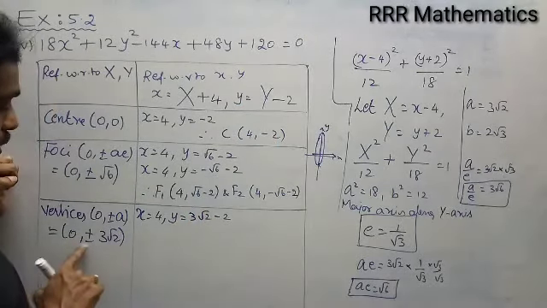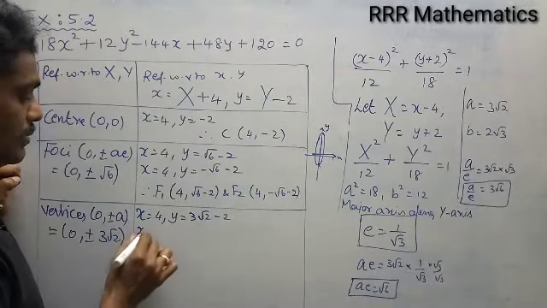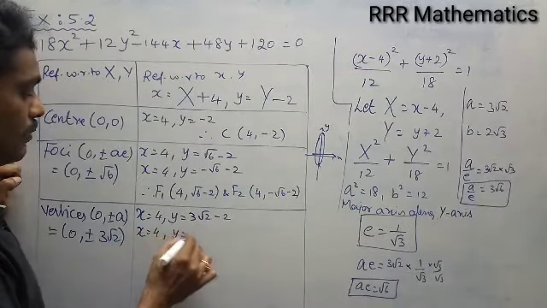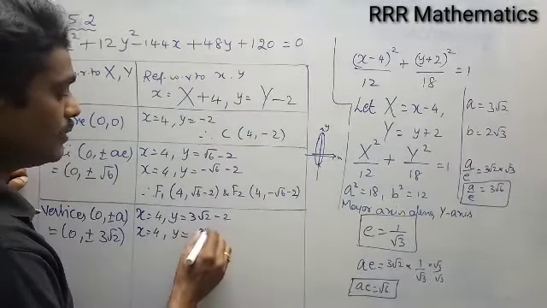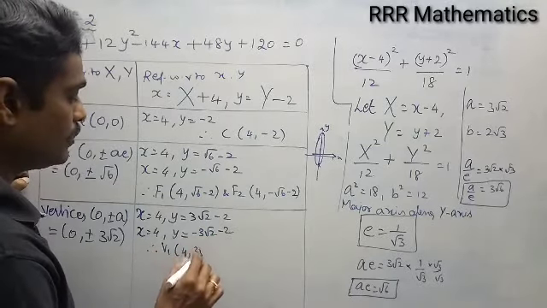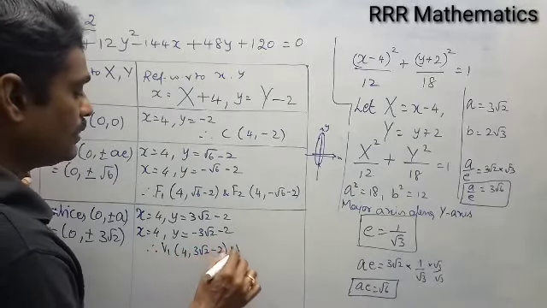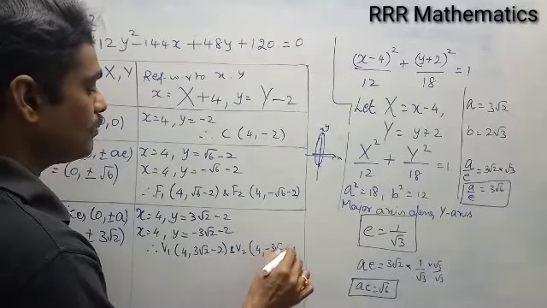And we have one more point, 0, minus 3 root 2. When you replace 0 here, it gives small x as 4. And y, when you replace minus 3 root 2 here, it gives minus 3 root 2 minus 2. So therefore V1 is 4, 3 root 2 minus 2 and another vertex V2 is 4, minus 3 root 2 minus 2.